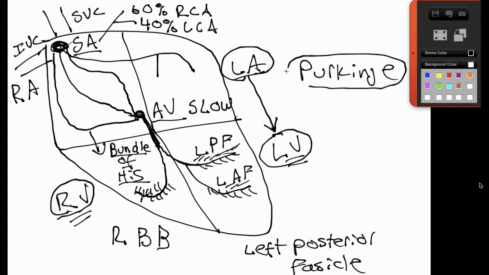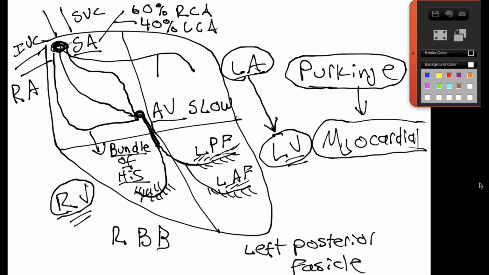And the Purkinje system is just that. It takes the electrical system off the highway, which are the bundle branches, and plugs it directly into the endocardium, into the myocardial cells. And the myocardial cells are the ones that contract.